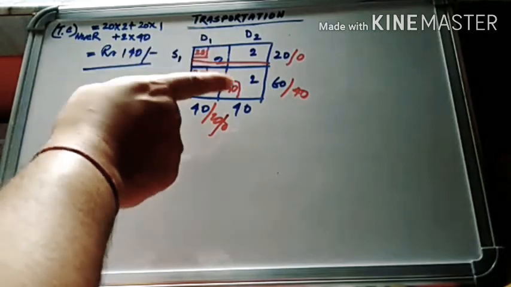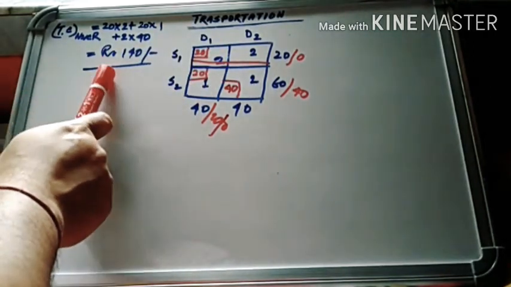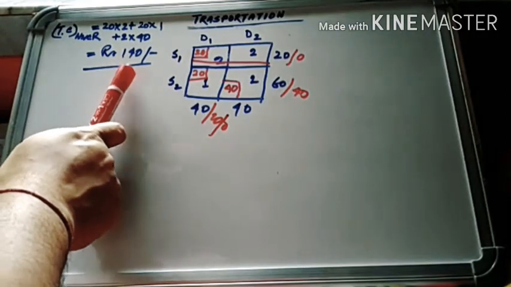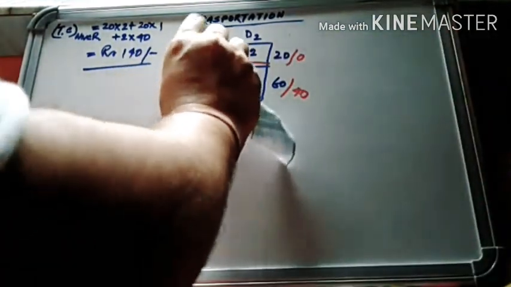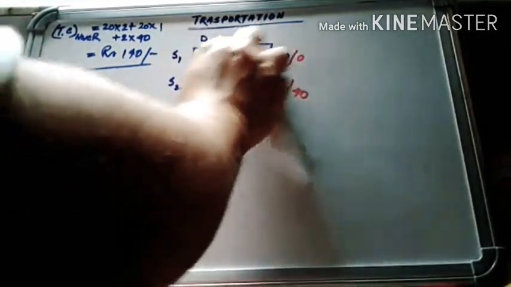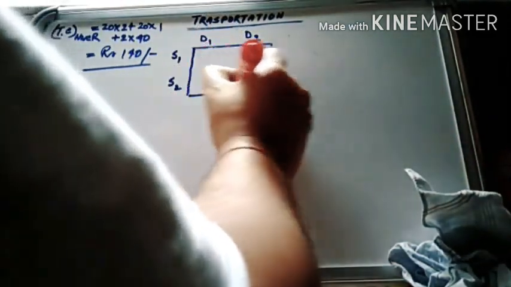Next, we have to check whether the solution obtained from NWCR is optimal or not. So we draw this particular table again, with the allocations also.